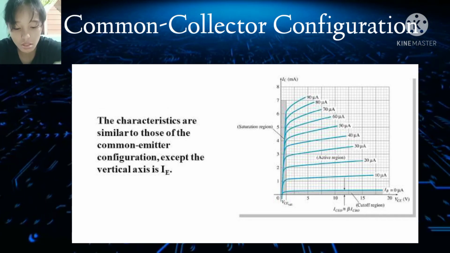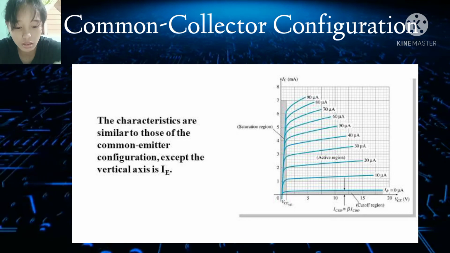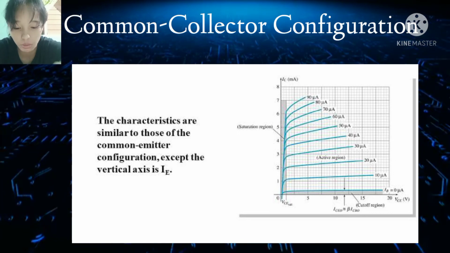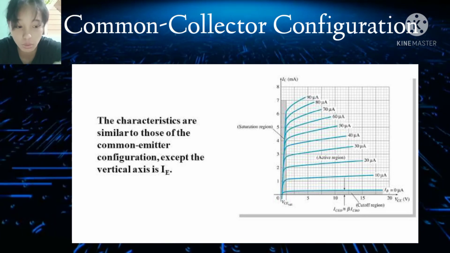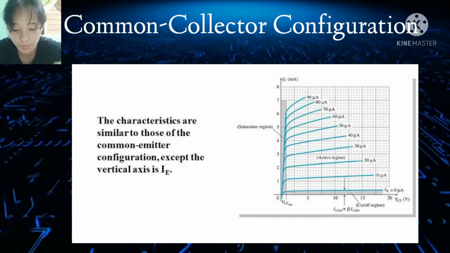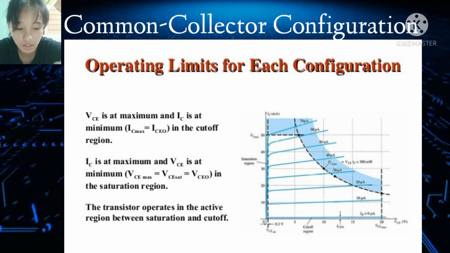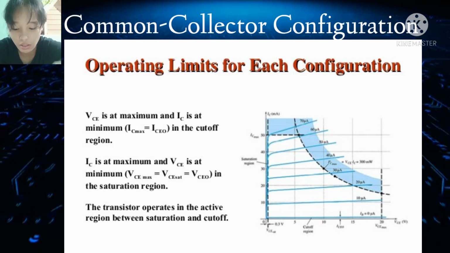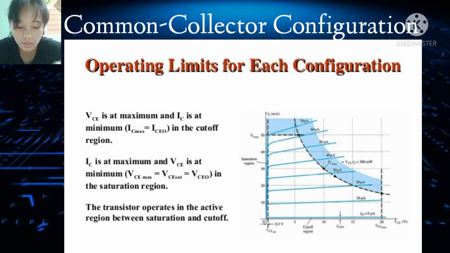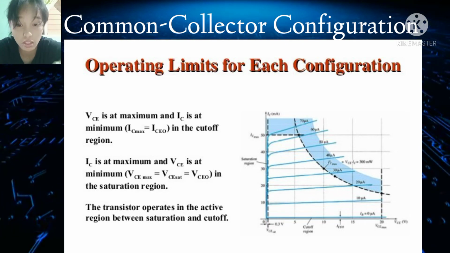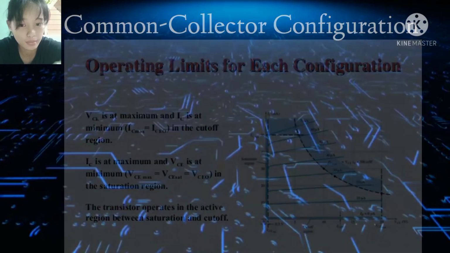If the input current is equal to 0, this means that no current flows since the output current will also be 0. So the transistor will be in the cutoff region. If the input current is slightly increased, then the IE will also increase, and so the transistor falls into the active region.